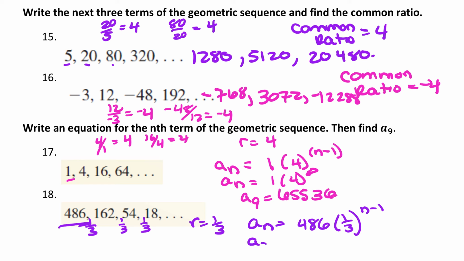Then if we do a sub 9, we get 486 times 1/3 to the 8th. We get 486 times 1 divided by 3 to the 8th power. I get my a sub 9 is equal to 2 over 27.